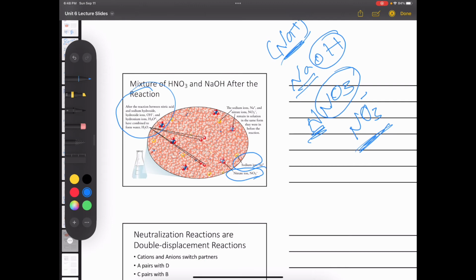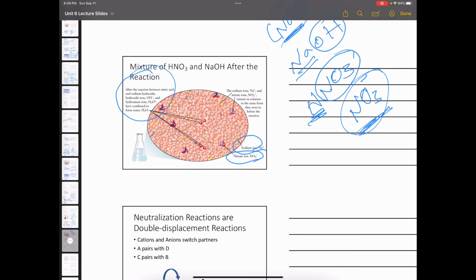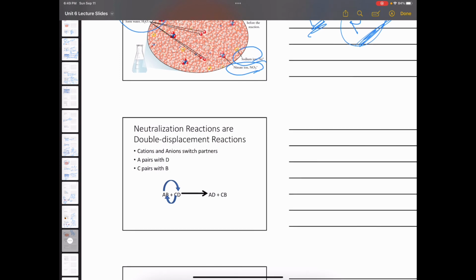Their role, just like the role of the sodium and the nitrate in this case, is just watching a reaction unfold without intervening or getting involved at all. So the sodium cation and the nitrate anion are considered spectator ions because they are not involved in the formation of water or the neutralization reaction.